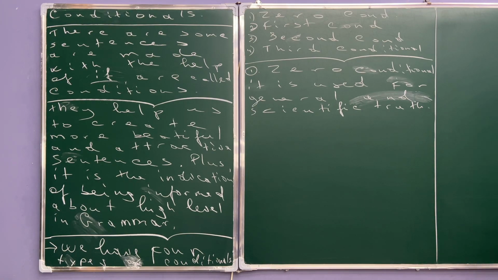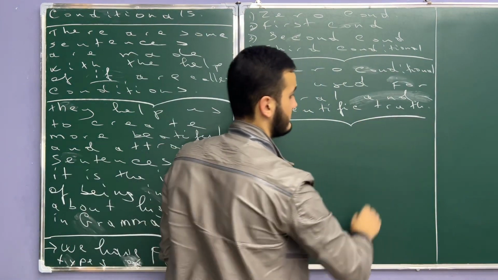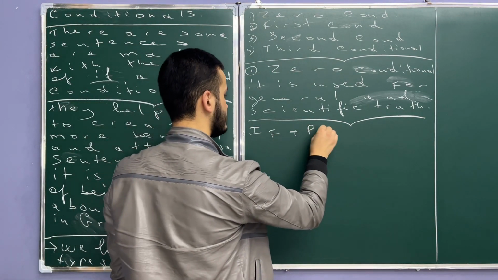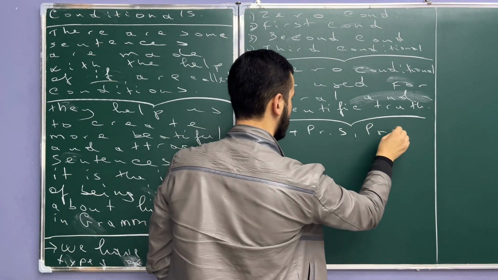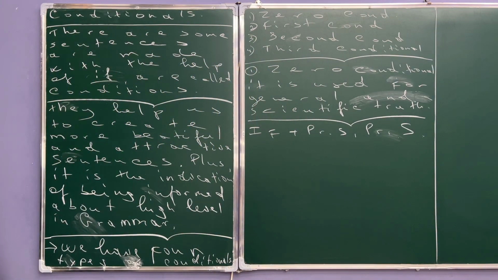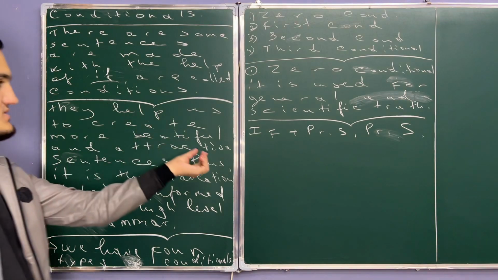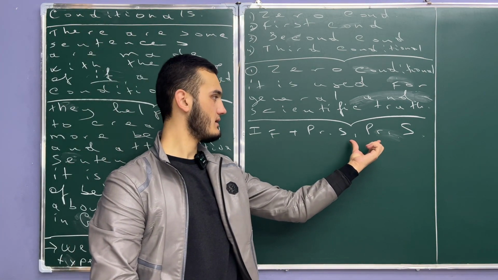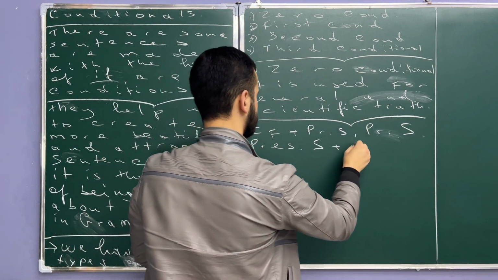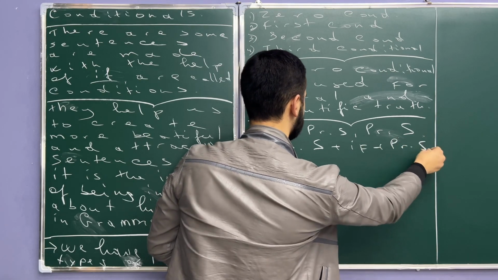So we can say those examples were zero conditional, my friends. The structure. How do you form the zero conditional? If plus present simple, comma, and the second part should be present simple. Or you can change the position of if. You can put it between the two sentences, like present simple plus if plus present simple.